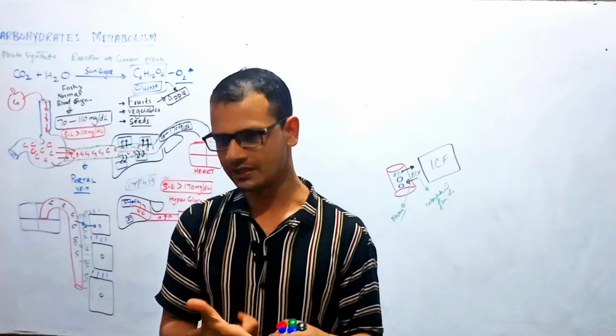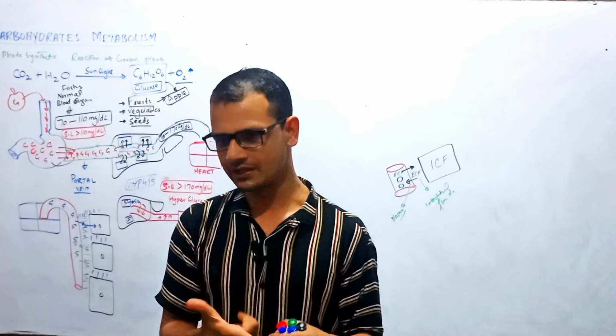So from here, for example, this is the extracellular fluid, and this is the glucose. This glucose cannot enter freely into the cell.